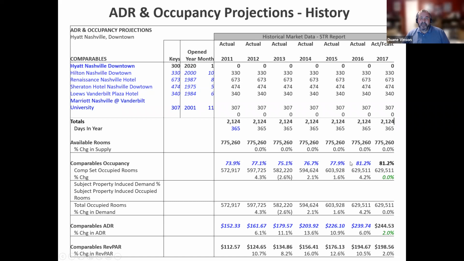Now we're just going to put the information down here. Comparable occupancies. Again, remember, we're making the assumption that we're in year 2017, okay? So we're entering the historic performance for the last 6 years for our comparable hotels. That's annual occupancy, and just below that, annual ADR. So that's all we're entering there, okay?